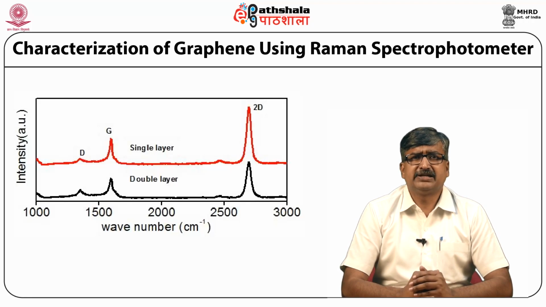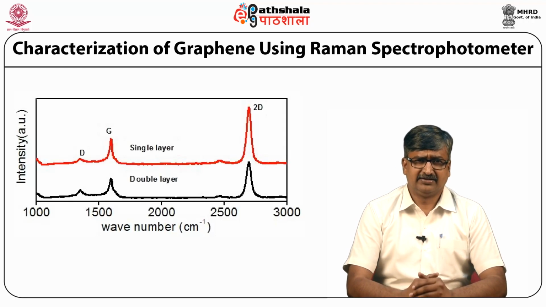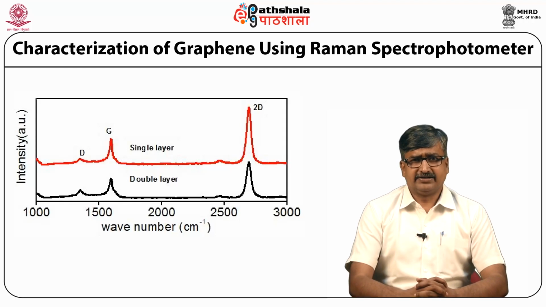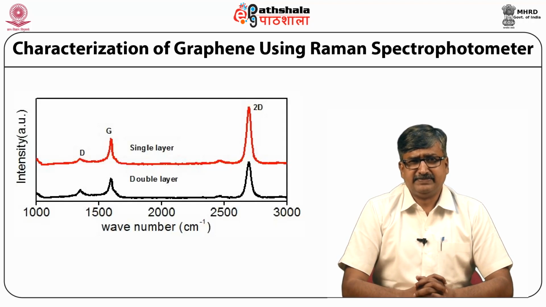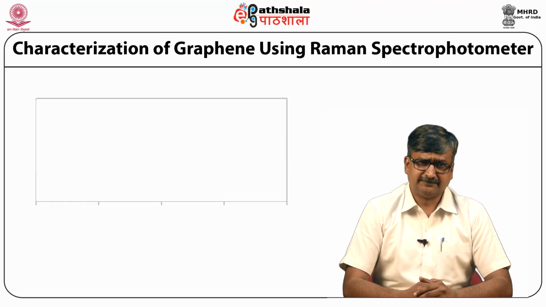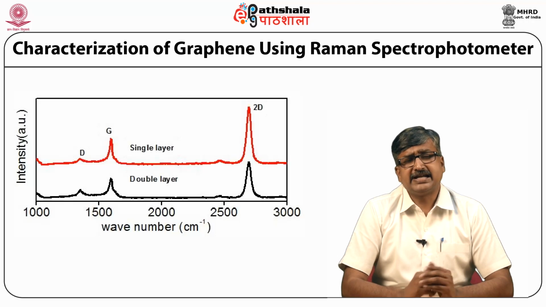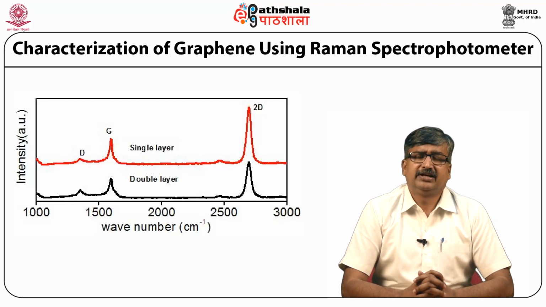The band is typically very weak in graphite and typically weak in high quality graphene as well. If the D band is significant, it means that there are a lot of defects in the material. The intensity of the D band is directly proportional to the level of defects in the sample.